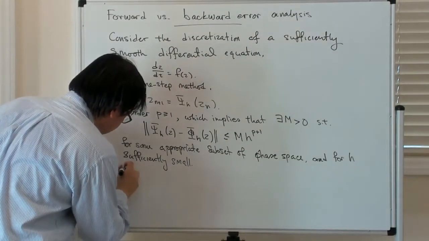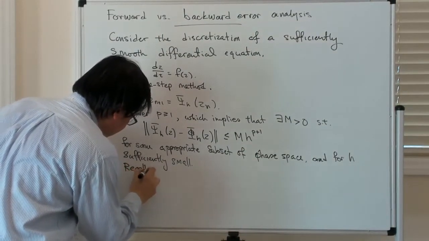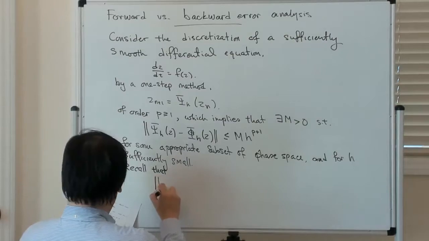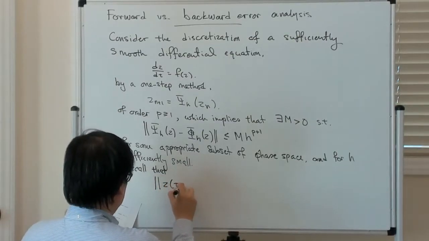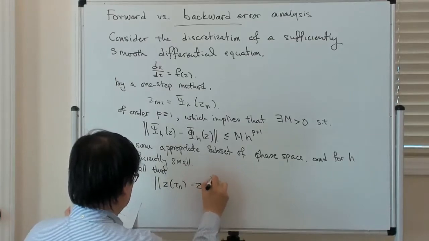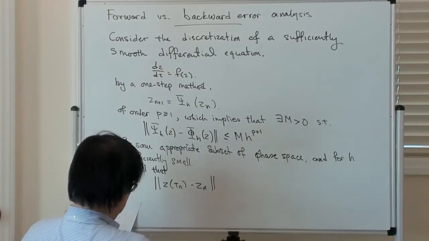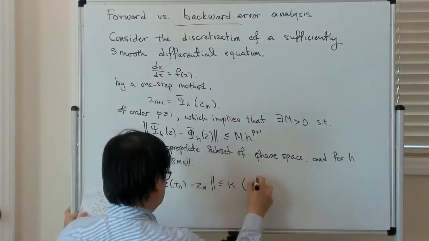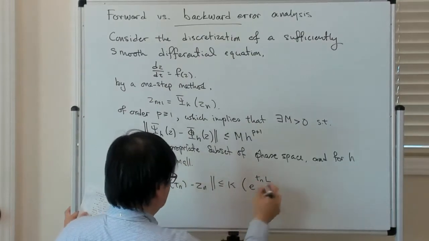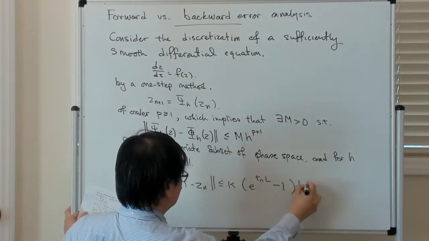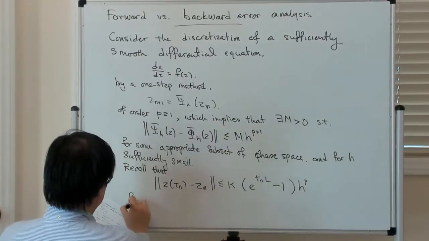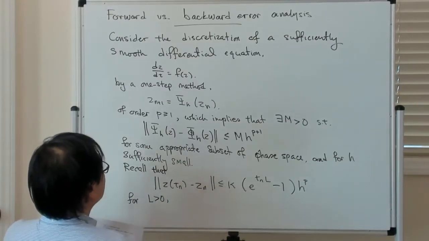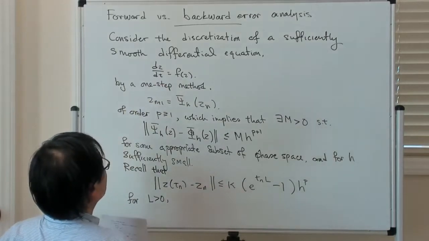You can recall that this typically implies that if you look at z at t_n minus z_n, so the exact solution versus the numerical solution, this is less than or equal to some constant kappa times e to the t_n L minus 1, times h to the p, for some L greater than 0, which is usually related to the Lipschitz constant of f.